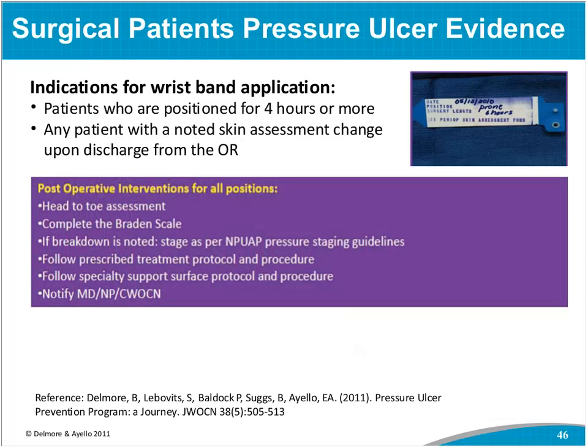Here's some data for you, again, which I did with my colleagues at NYU, which is published in the WOCN journal. Again, you can't not send people to the OR. So we decided to use as a risk factor people who were in the OR 4 hours or longer. Any skin assessment changed, so the skin looked different.